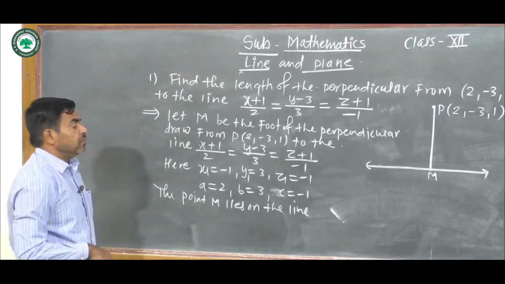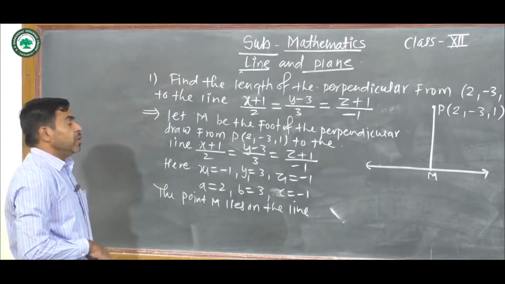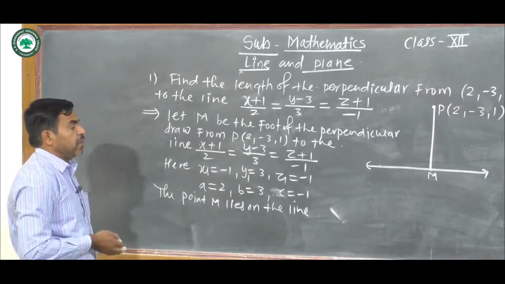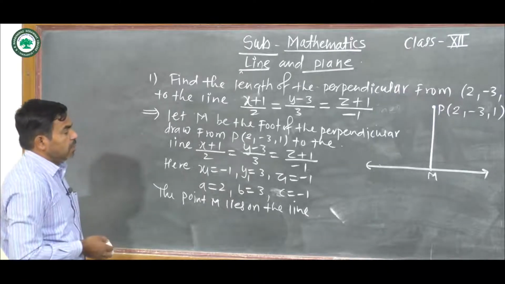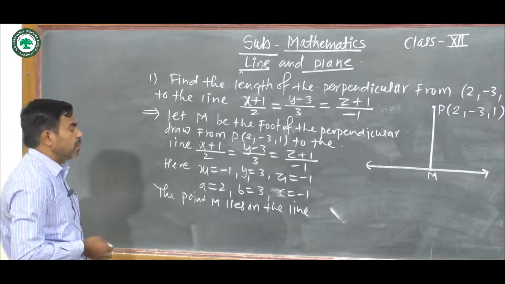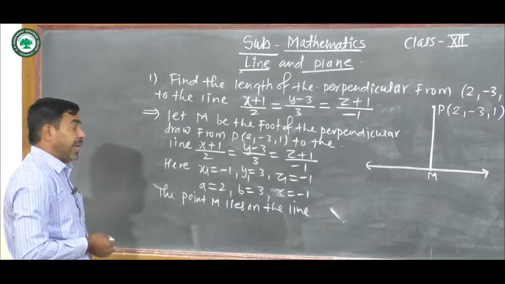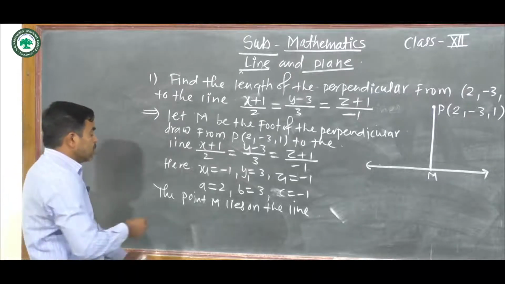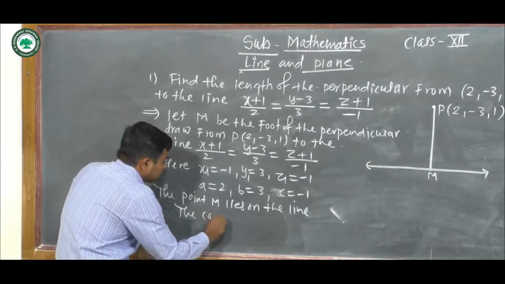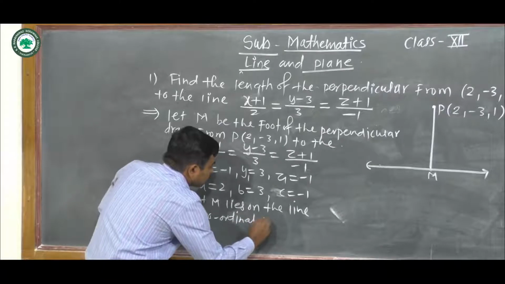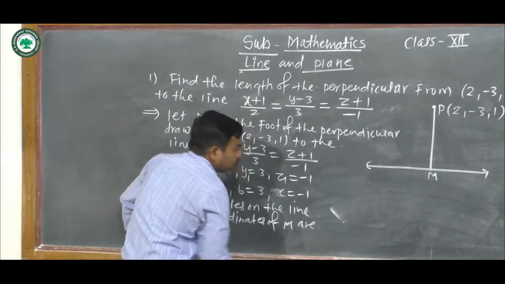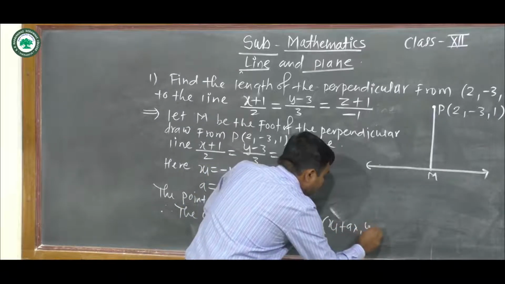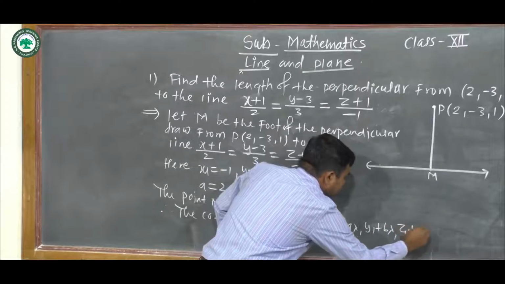We have seen in one of the remarks, the coordinates of a variable point on the line x minus x1 upon a is equal to y minus y1 upon b is equal to z minus z1 upon c are x1 plus a lambda, y1 plus b lambda, z1 plus c lambda. So therefore the coordinates of M are x1 plus a lambda, y1 plus b lambda and z1 plus c lambda.